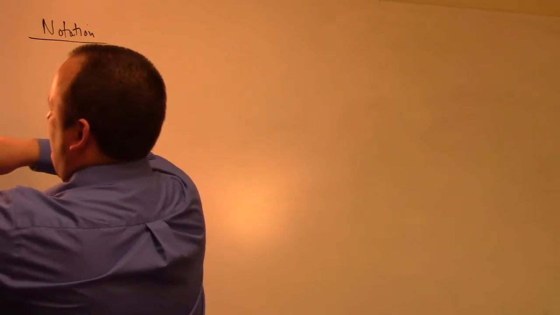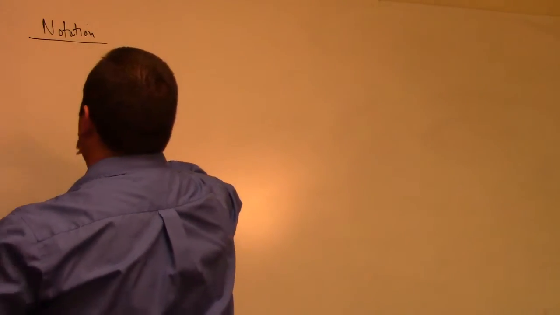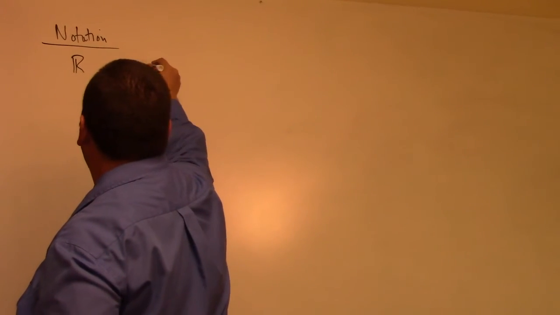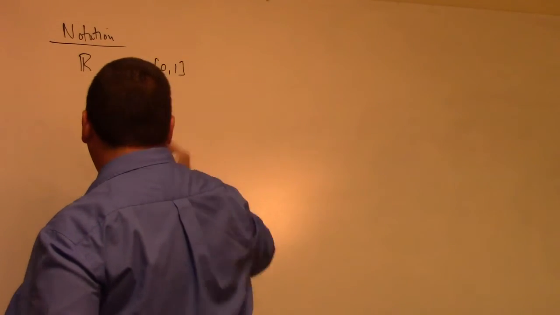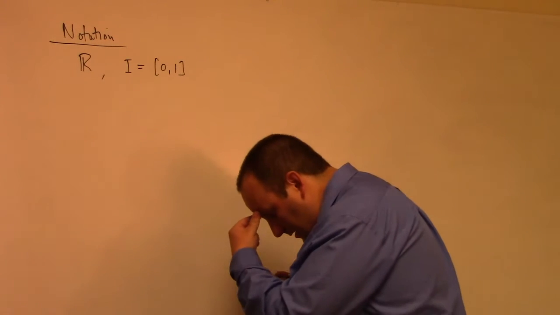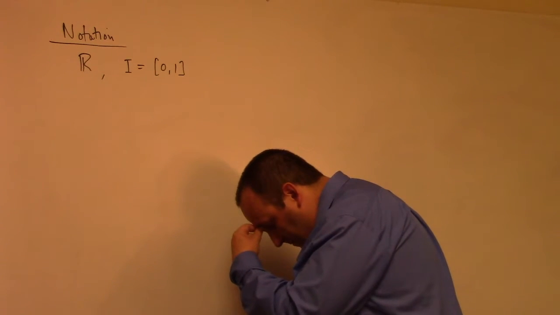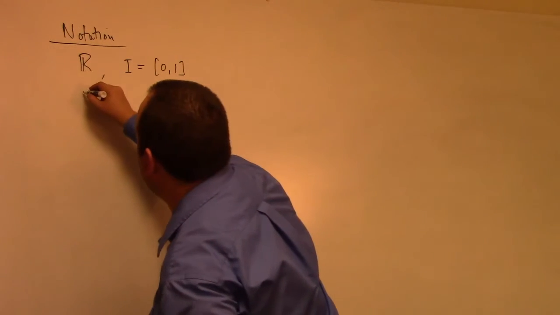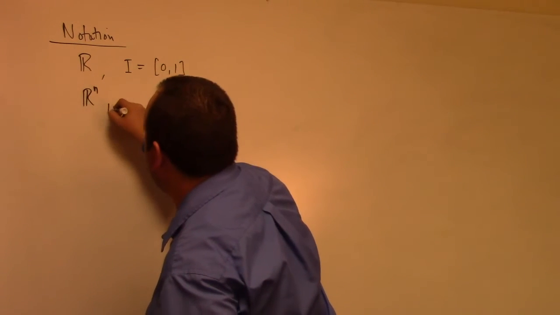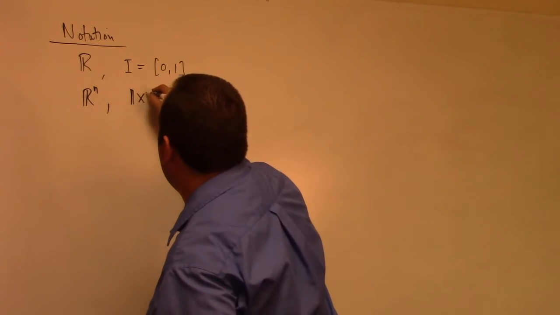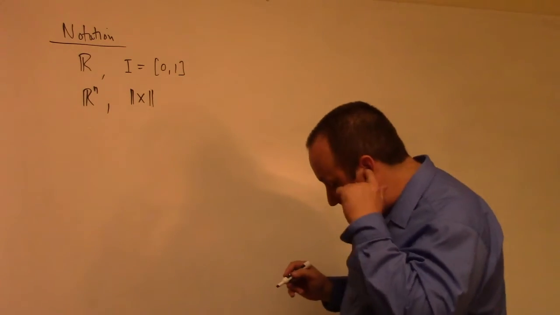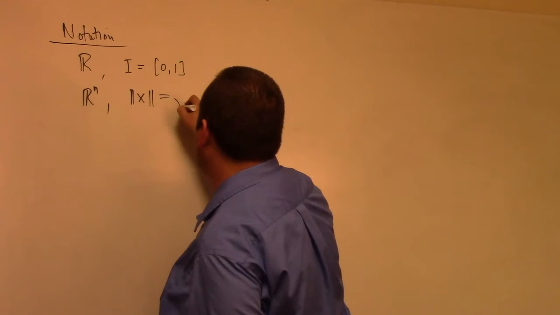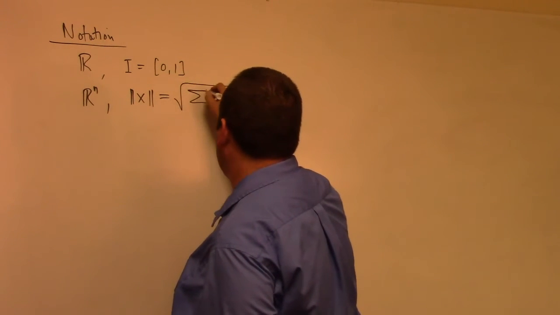Of course, R is the real numbers. I is the interval from 0 to 1. More importantly to this discussion, I guess we should talk about our n-tuples. The length of a point in X is what? He uses Euclidean length, so it's the square root of the sum of the squares.